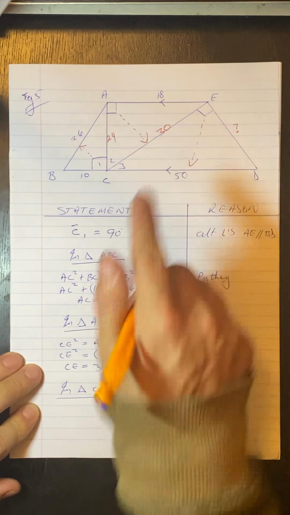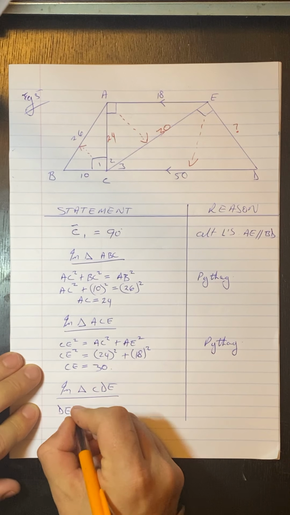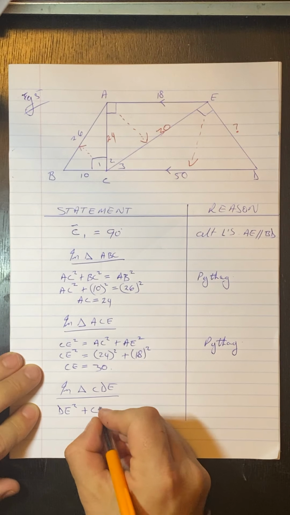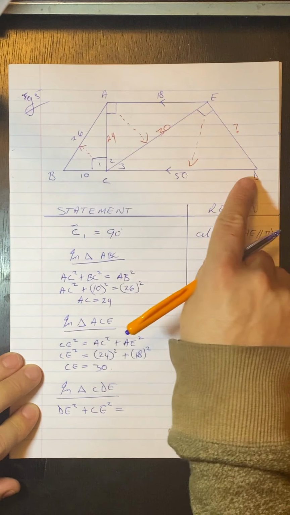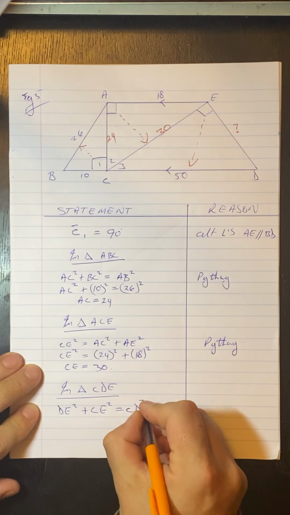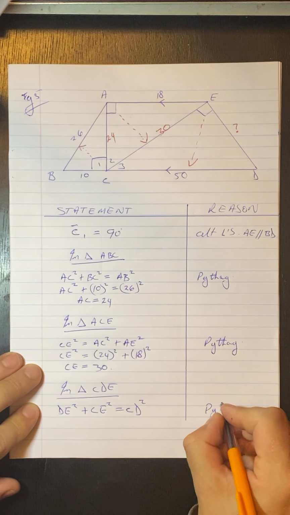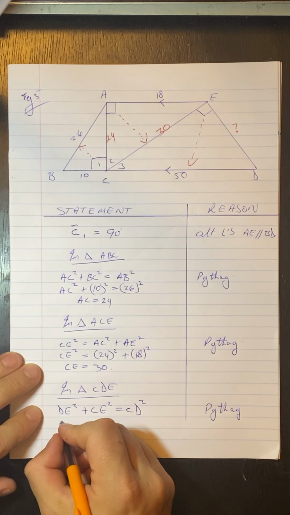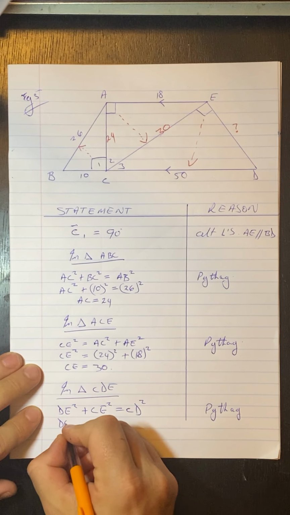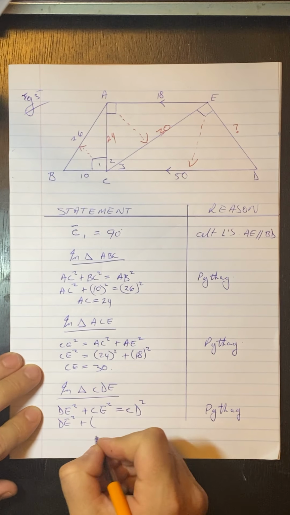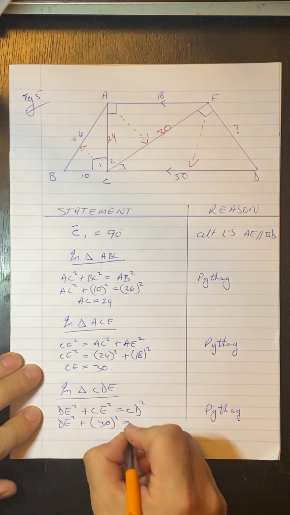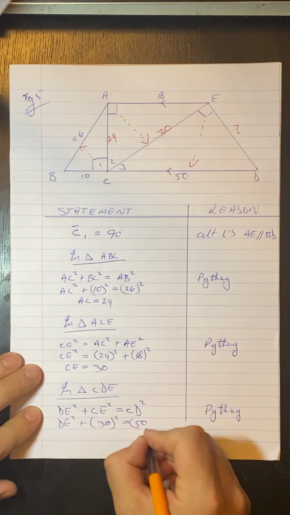So it's DE squared plus CE squared equals CD squared. And our reason for that is Pythag. Fill in our values. So DE we don't know, plus CE we know is 30, and CD is 50.